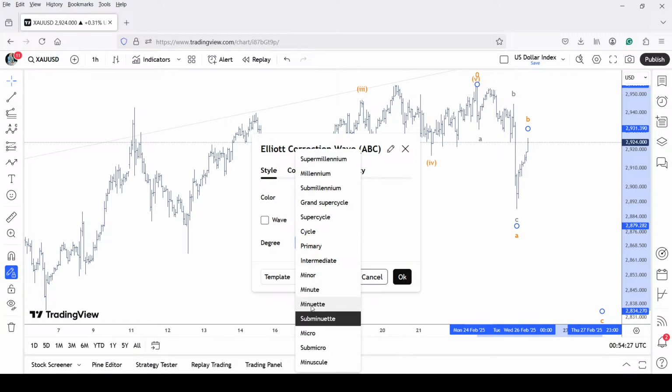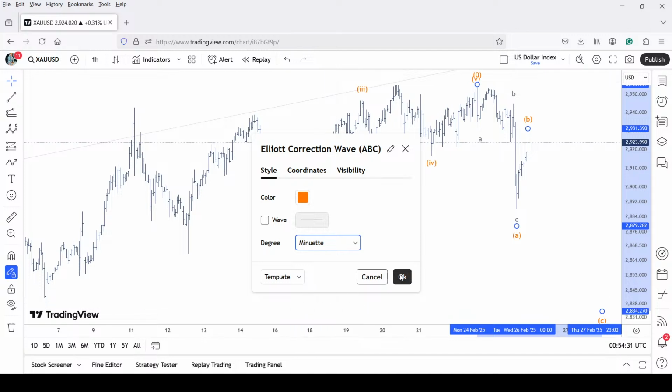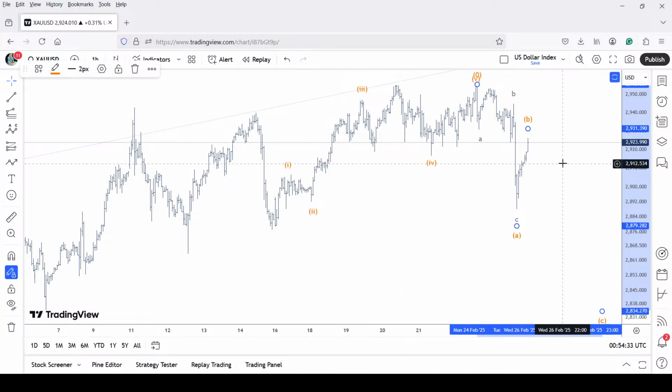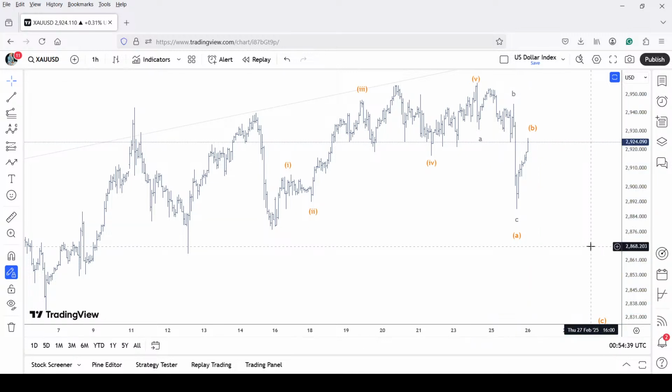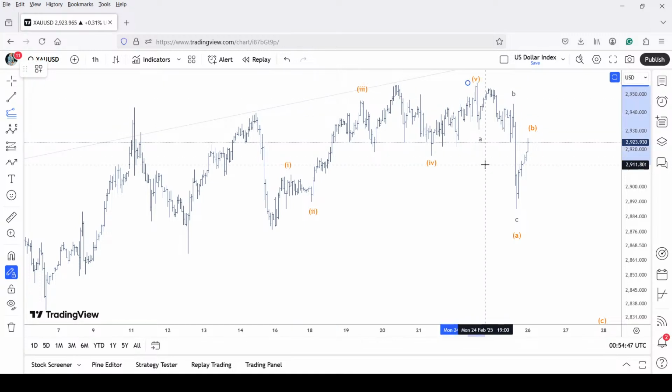The sub-minute ABC has carved minute A. It's carving minute B, and possibly it's going to carve minute C. All right, and that would complete minute wave 4.